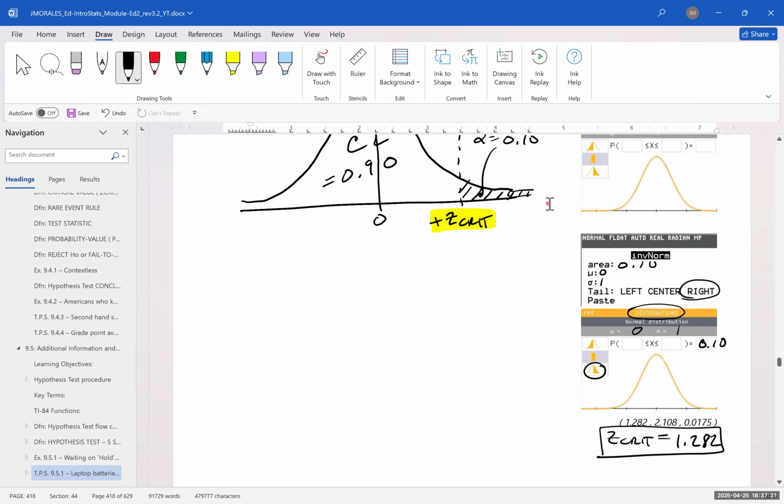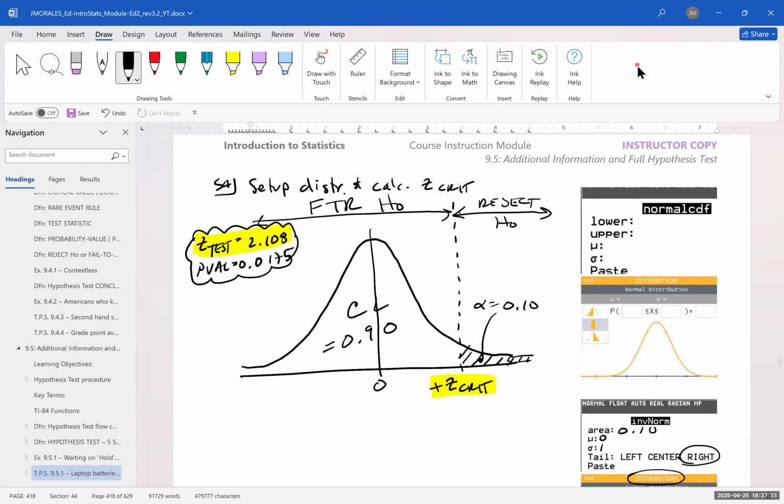So let me come up here and put this in a different color. Where is 2.108 going to be relative to 1.282? If we've got 0 here and 1.2, 1.3 here, then definitely somewhere out here is where our test statistic of 2.108 is.